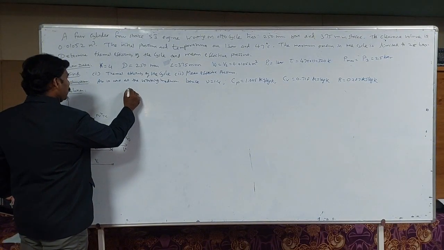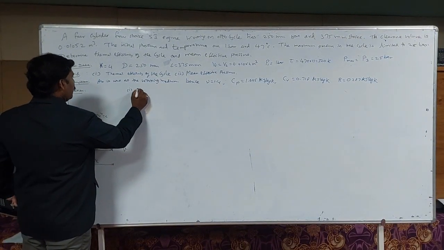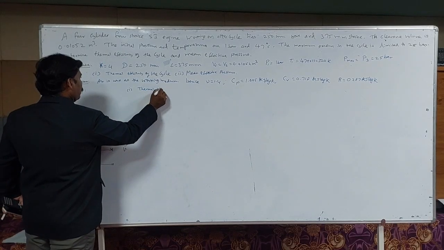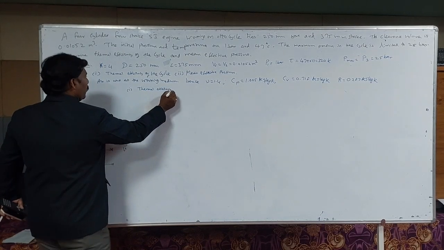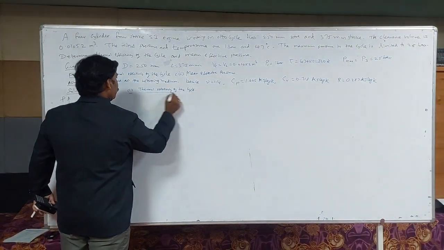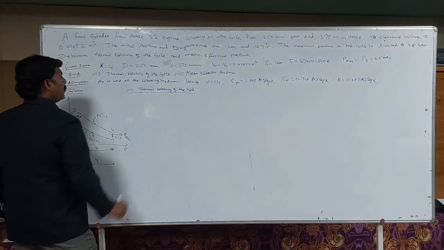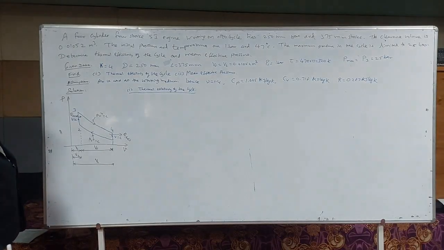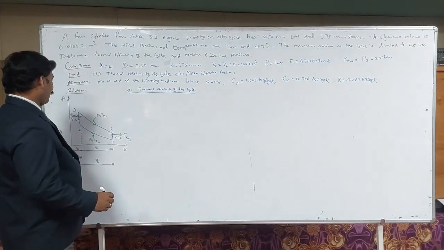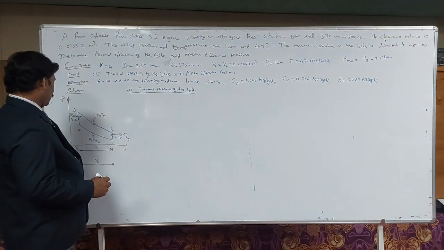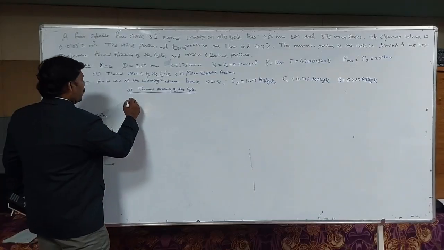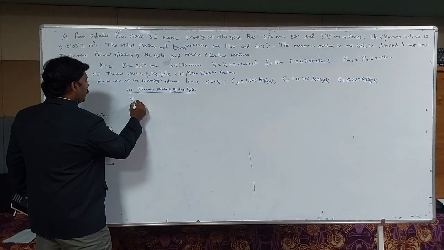Case 1 is the thermal efficiency of the cycle. To find the thermal efficiency, we need to first find the compression ratio. To find the compression ratio, we need the swept volume.